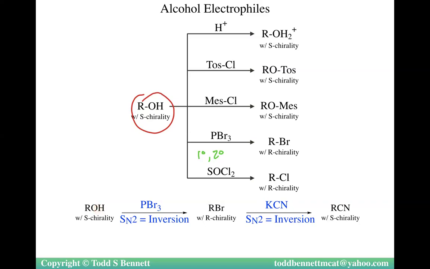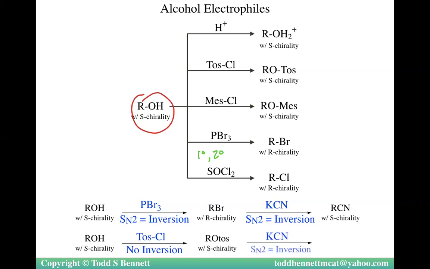So I converted S to an R and then the R back to an S. But let's say I wanted an R product in the end, but OH is a bad leaving group. I could use mesyl chloride, tosyl chloride, or just protonate it. If I do that, it retains its same chirality. And then I add KCN and it inverts. So I end up with an R.